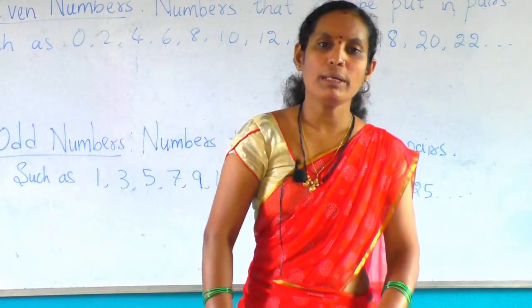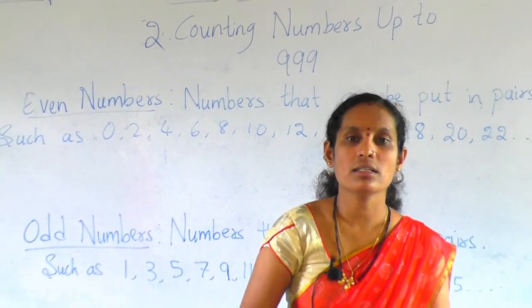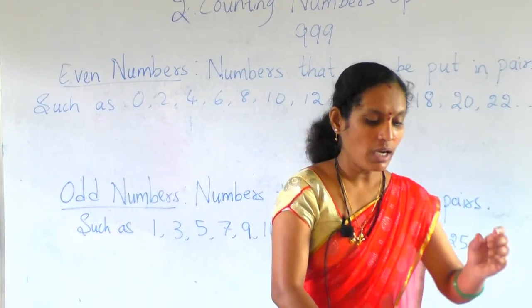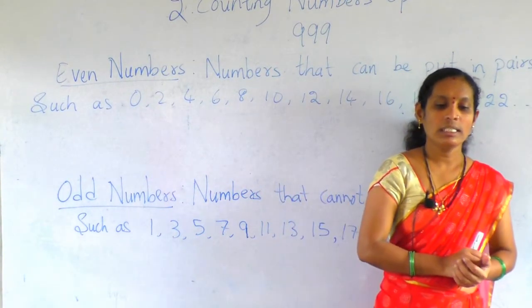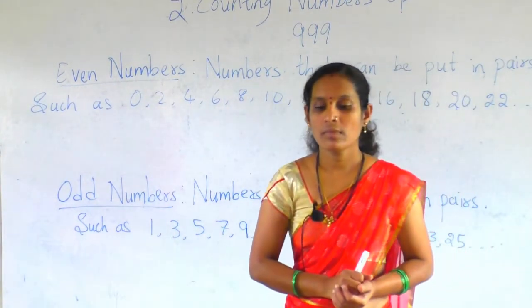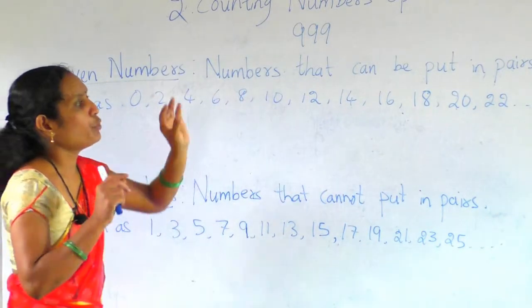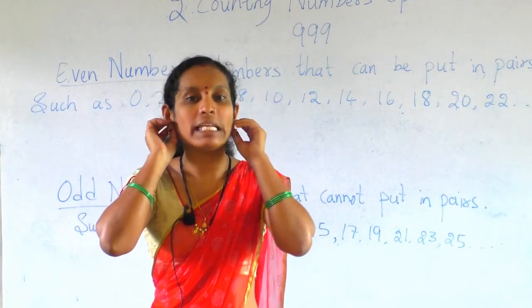Okay, what do you mean by pairs? You are understanding what are even and odd numbers? I explained the definition. Then how are you recognizing this is an odd number? Tell me now. See, even numbers means that can be put in pairs. See, I am wearing 2 earrings.